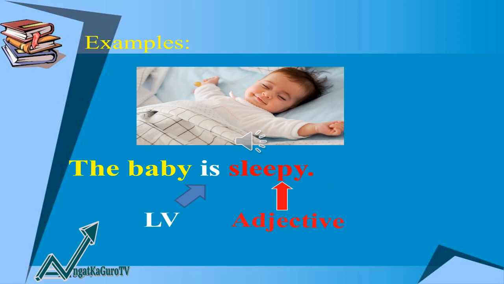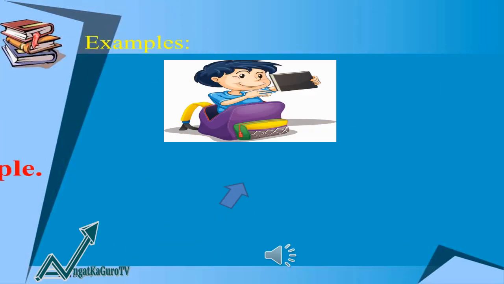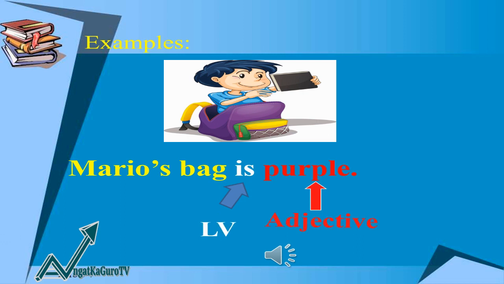The baby is sleepy. Is is the linking verb and sleepy is an adjective. Mario's bag is purple. Linking verb is, and purple is an adjective.